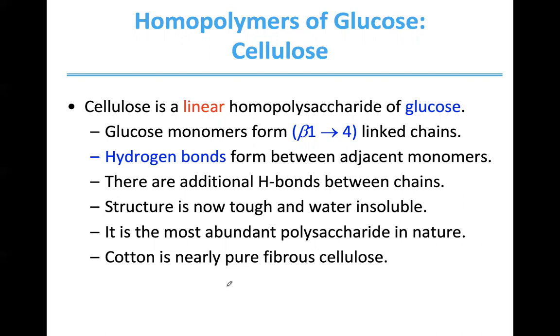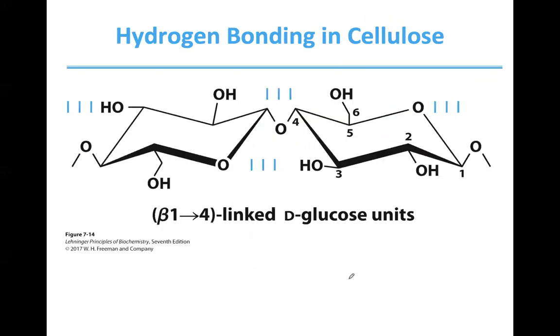Cellulose is much stronger, right? It's not used for storage of glucose; it's used for structural properties. It's tough and water insoluble, and is the most abundant polysaccharide in nature, obviously because of its occurrence in plants, right? And cotton is nearly pure fibrous cellulose.